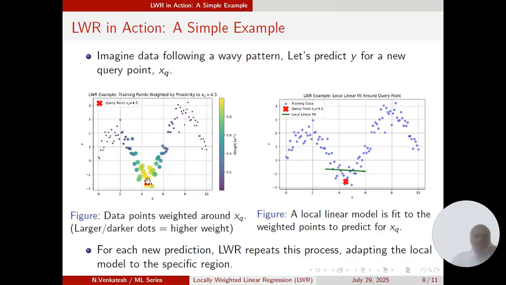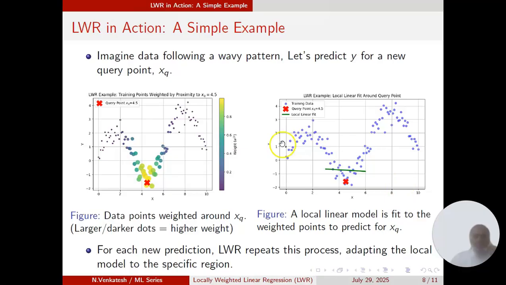For that, you consider the nearby points and give them some weights, and all other points you give a weight of 0, or near to 0. Now by using these points, fit a linear model. Suppose you get that linear model as this line, and by using that you can find the value of y. The value of y is around here, between -1 and 0.